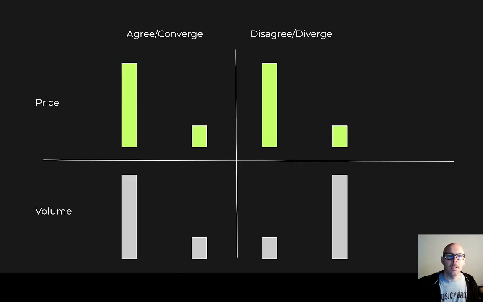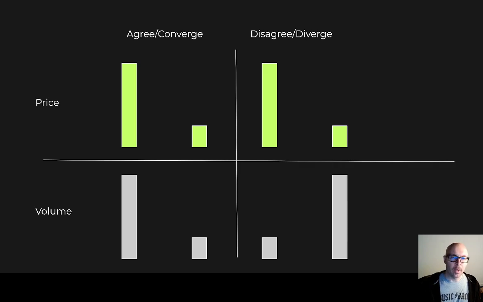You can see here my terribly crude examples of custom graphics, mind you. I didn't just go to Google and look it up. I made my own, that's right. On the left-hand side, we have the agree or convergence side. If there is a large price candle, we expect to see a large volume candle.